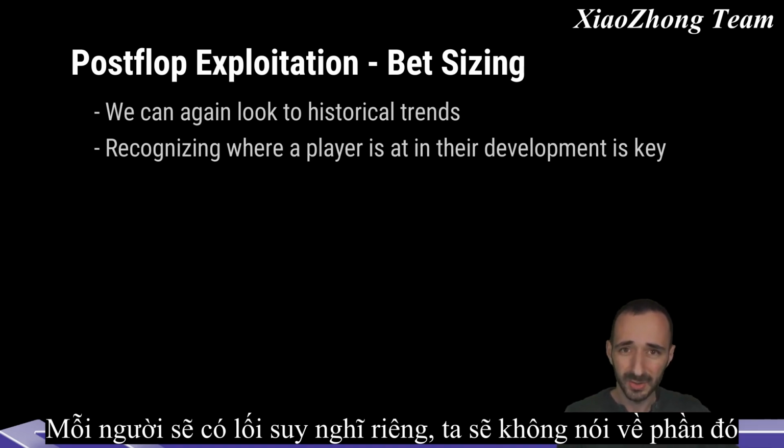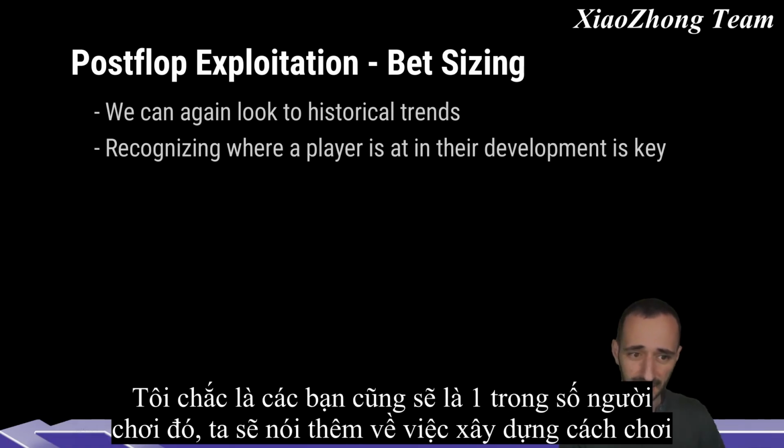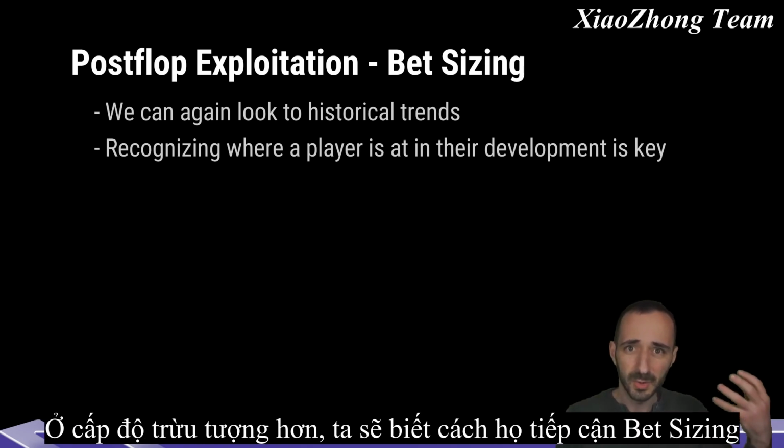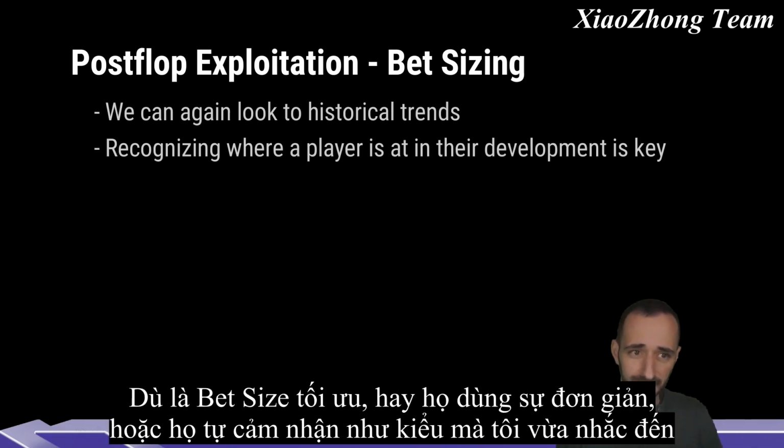We're not really talking about those guys, though I'm sure a lot of you are those guys, and we'll talk about that in the theory of development. But on a more abstract level, a lot of people know the way they approach bet sizing, whether it's the optimal bet sizing, or some simplifications, or some heuristics that they use, like the players I just described.